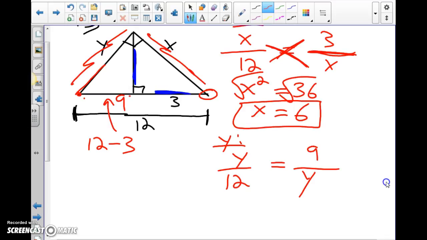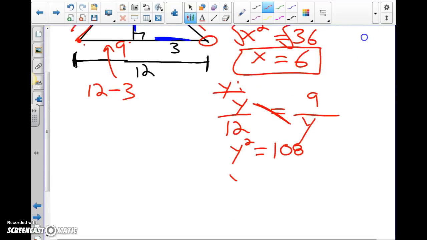And that value needs to go right there. Cross multiplying, I get y squared equal to 9 times 12 is 108. Now if you do that, I don't think that one's going to come out so perfect for us. Rounding off to the tenths place, you should get 10.4.